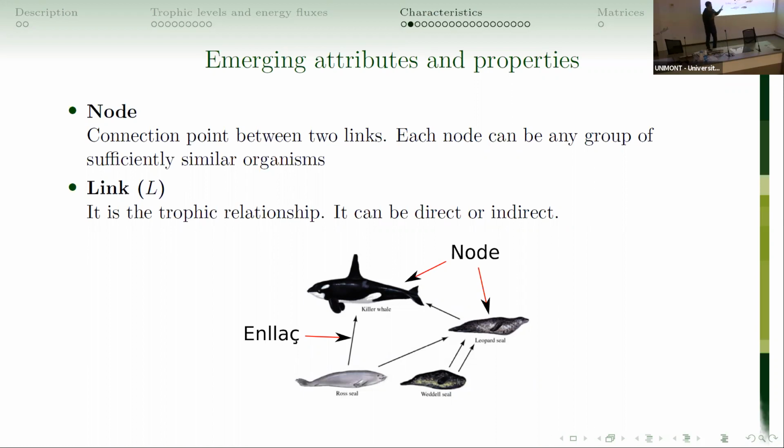So: nodes, links, and interaction strength. If we can calculate the interaction strength, there are different ways of doing it, and a higher interaction strength is indicated by wider arrows. Otherwise, all the arrows have the same width.